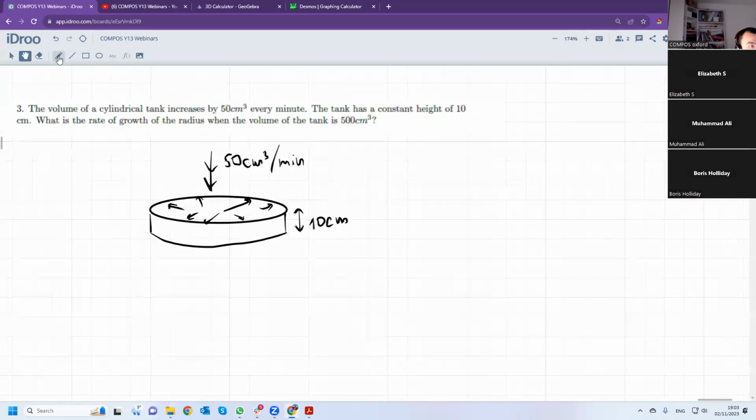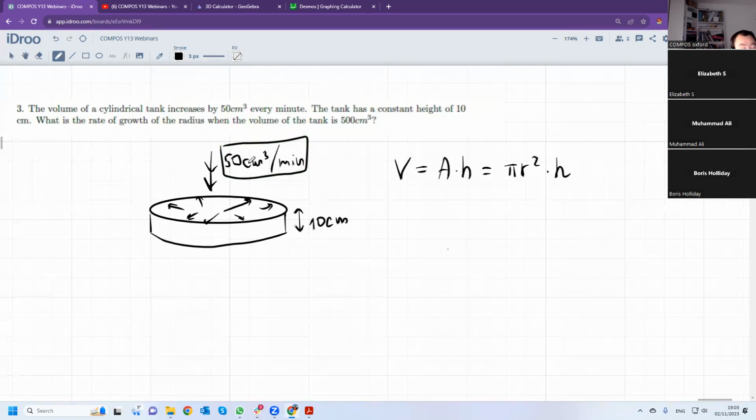Well, we need to find the volume of the tank. Volume of the tank is area of the base times height. And the area of the base is pi r squared, and the height is h. Okay. We know that the water is added.